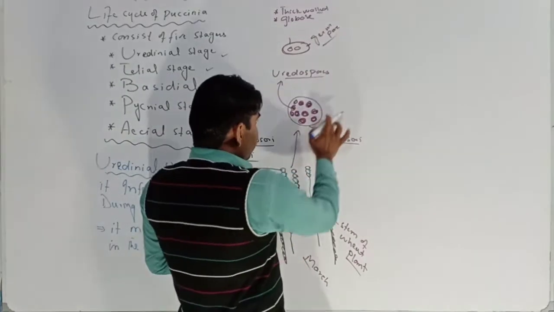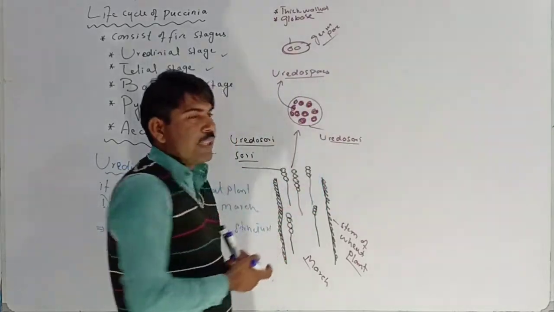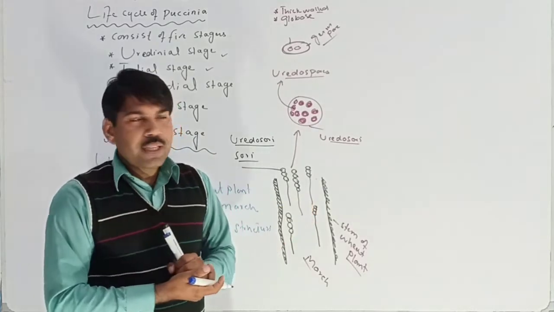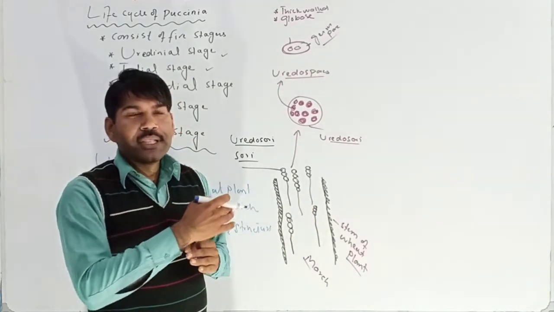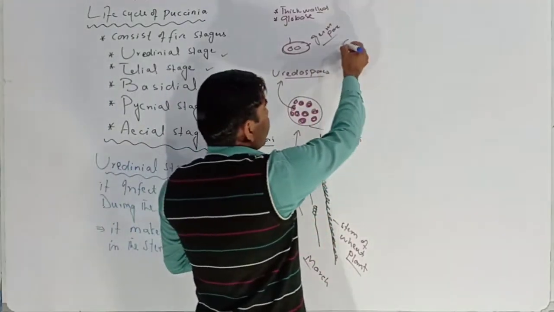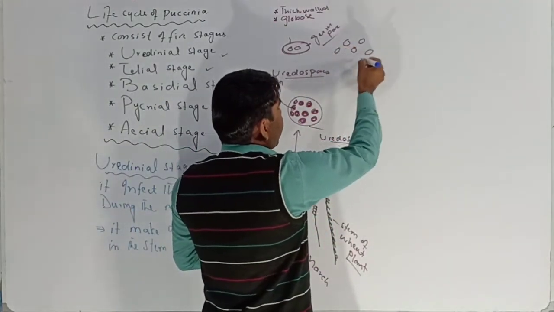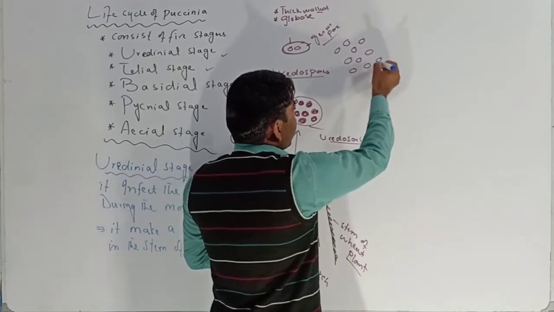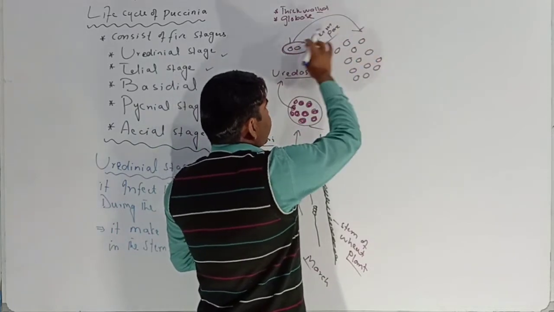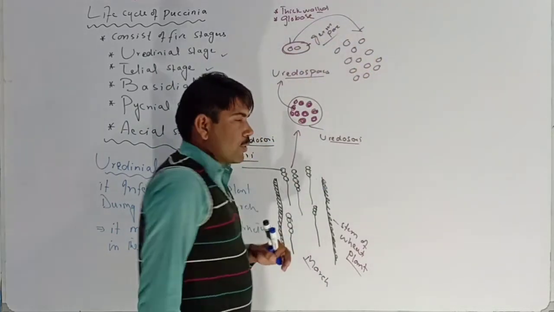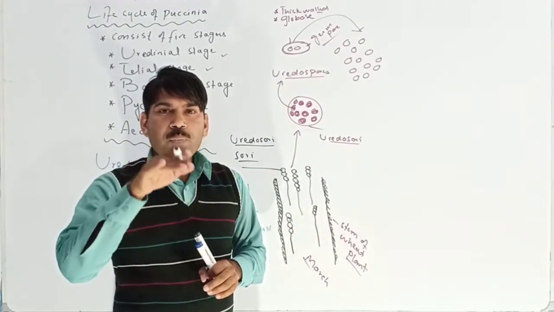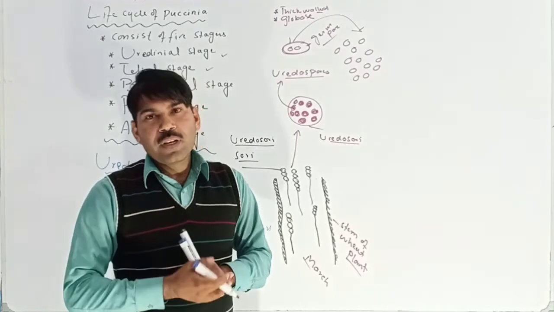When the sori burst, the spores are exposed to air, and air currents disperse them. These are the urediniospores, and they will fall on the leaf of a healthy wheat plant.